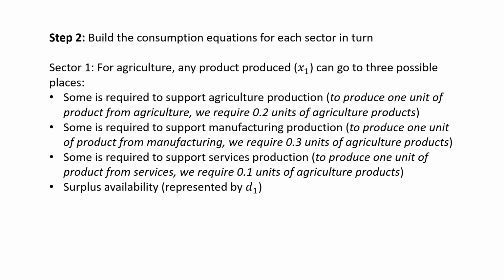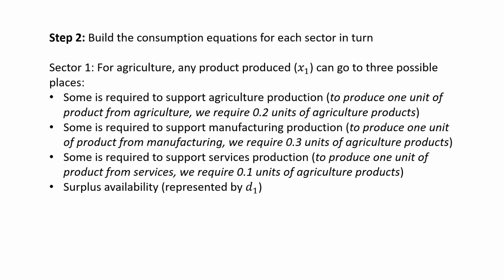So now the next step is to build the consumption equations for each sector. We're going to start with the first sector, agriculture. If you look back at our problem, everything that's produced in agriculture can go to four places. It can go to agriculture itself, it can go to support manufacturing, it can go to support services, or it can be surplus.